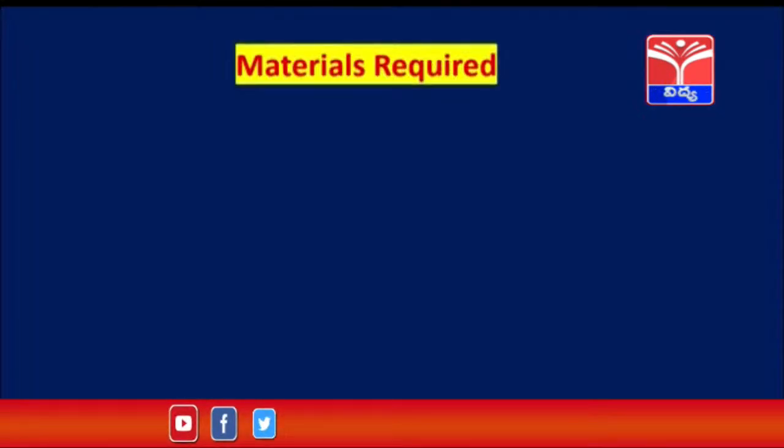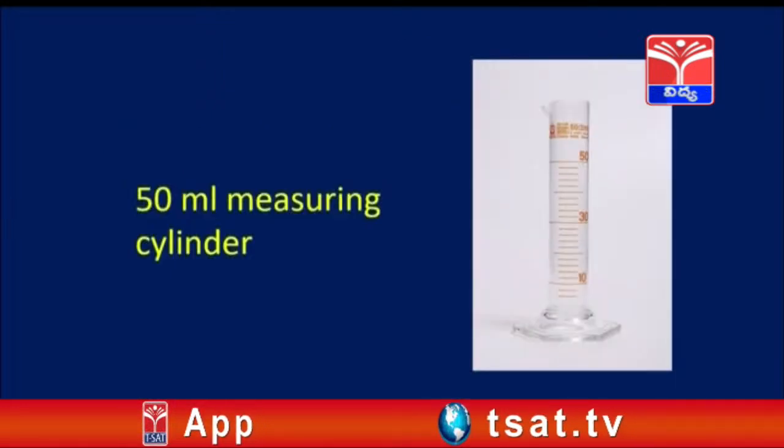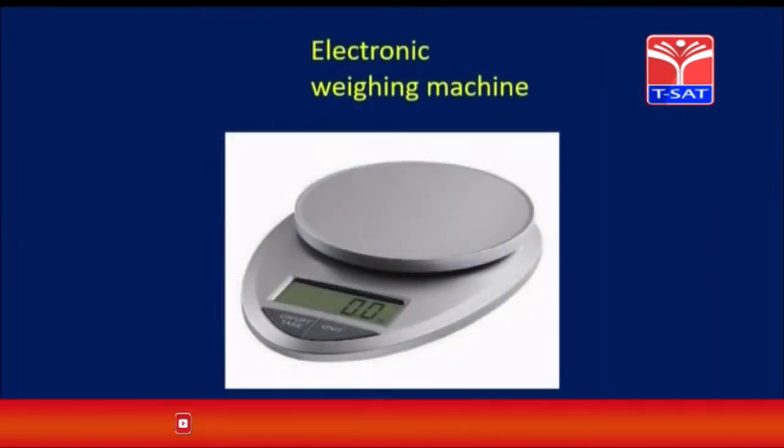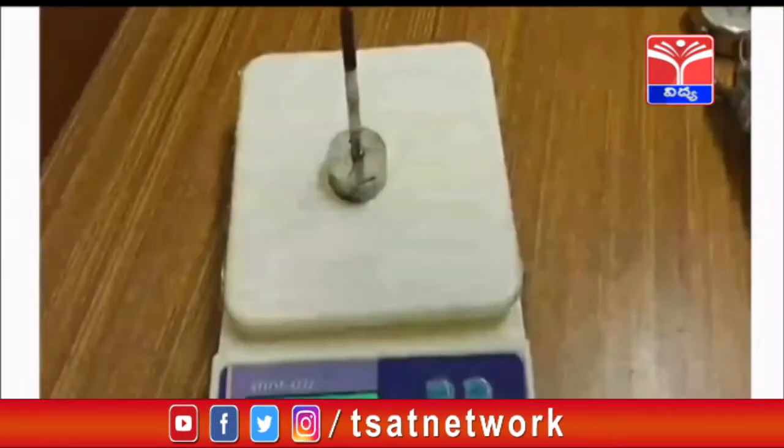What are the materials required for this? Overflow vessel. You can see, children, this is an overflow vessel, which is the required material, and a 50 milliliter measuring cylinder, electronic weighing machine and some required weights. These are the materials required. Now, children, observe carefully.